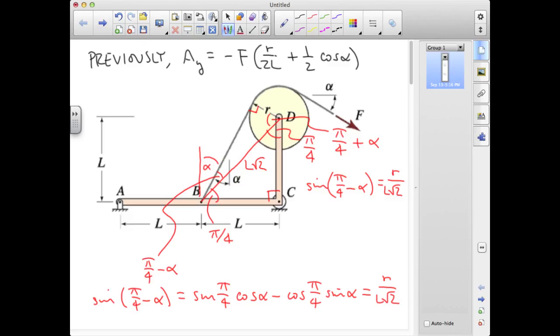But both sine pi over 4 and cosine pi over 4 are 1 over root 2, so this expression gives us that cosine of alpha minus sine of alpha is equal to r over L.